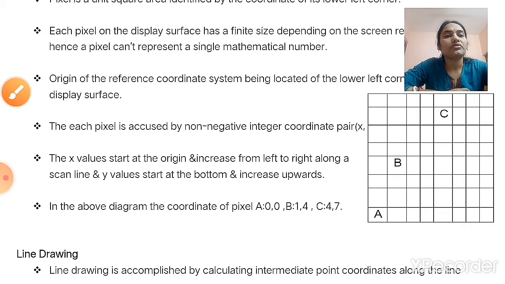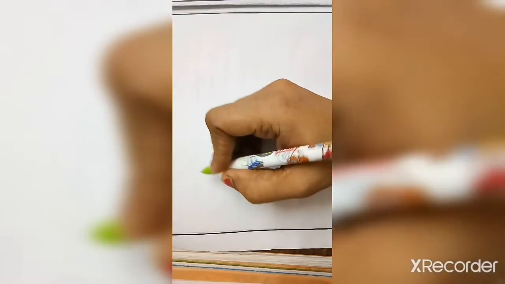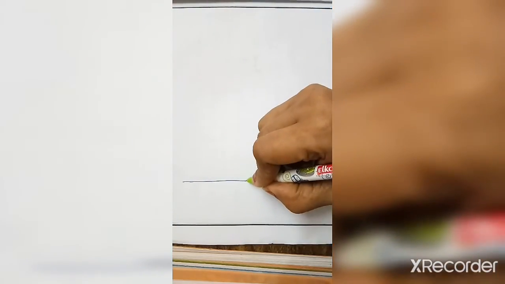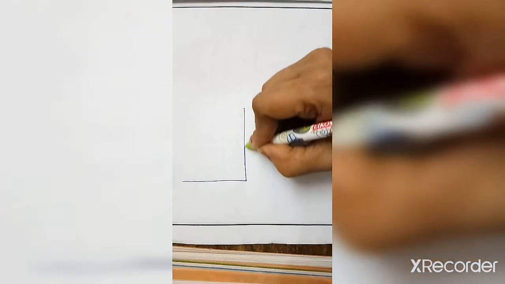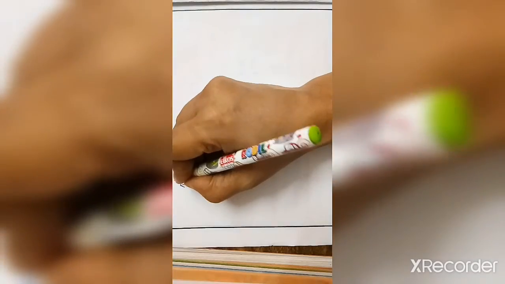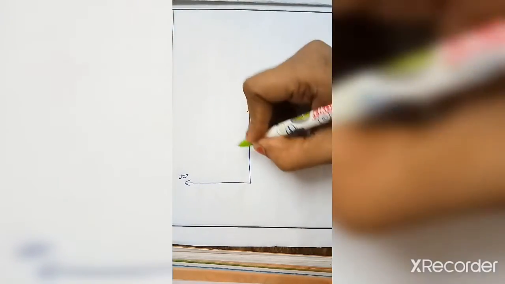Just a minute, I will show you how it can be plotted. Generally, the point plotting can be done like this. This is the x axis, this one is the y axis.